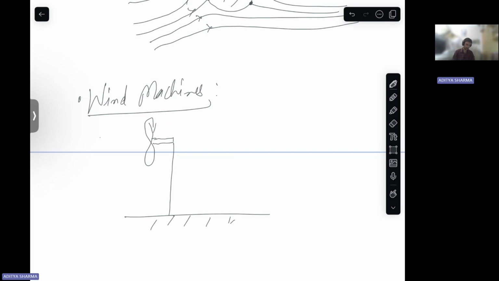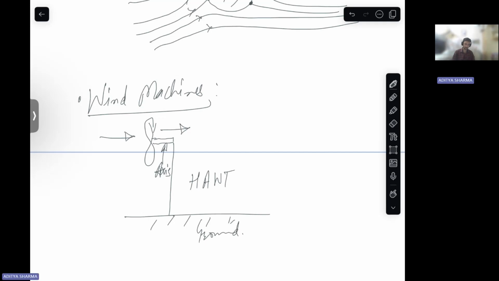The turbine is like this, air is coming like this, going like this. So this axis is parallel to your ground. So this is a horizontal axis wind turbine.